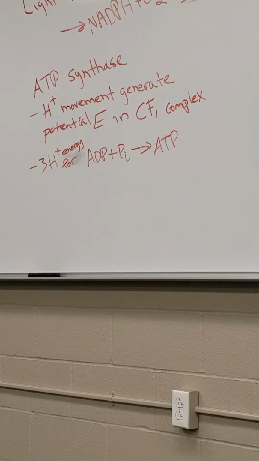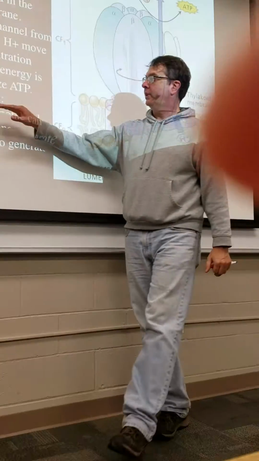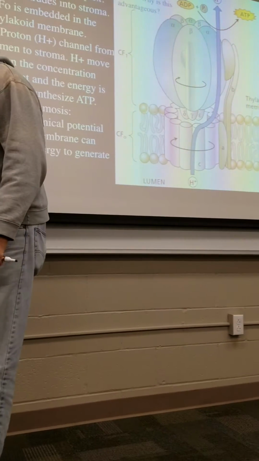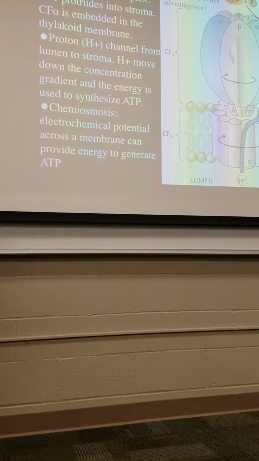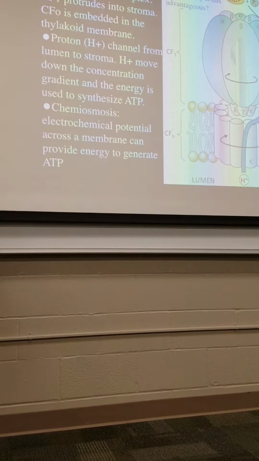And this gets us to our last photosynthesis hero, who came up with the chemiosmotic hypothesis that simply said that the electrochemical potential that's built up across the thylakoid membrane can be harnessed to make ATP.